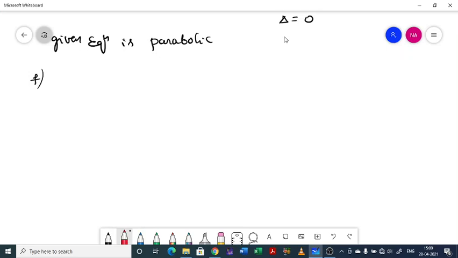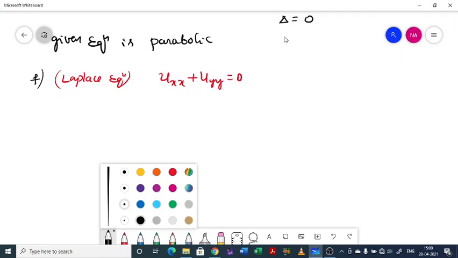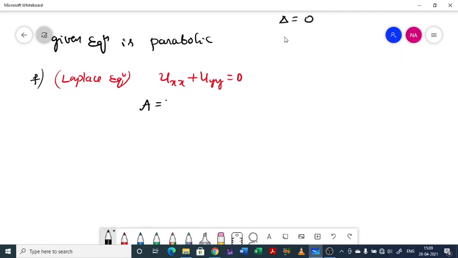Next, the Laplace equation, that is an easy one: u_xx + u_yy = 0. See, this is actually in standard form only. A is 1, c is 1, b is 0.